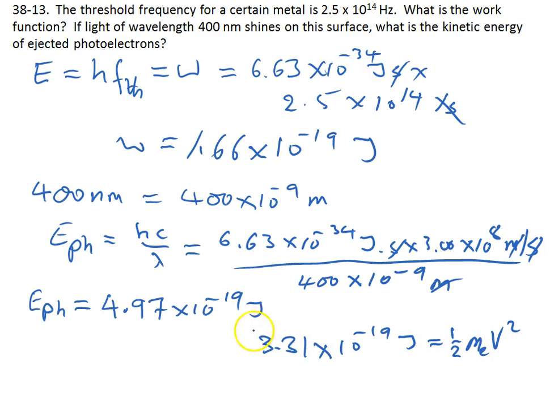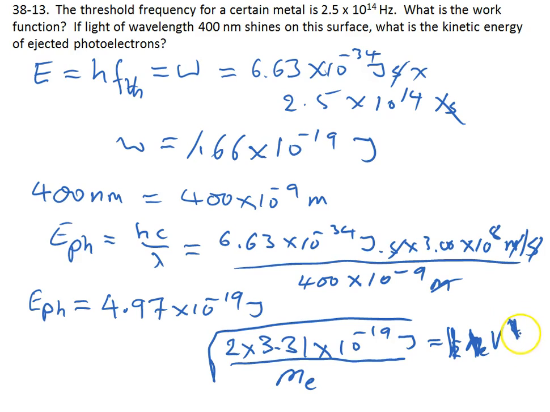Then multiply both sides by 2. Divide both sides by the mass of the electron. Square root both sides. And that gives me the velocity.